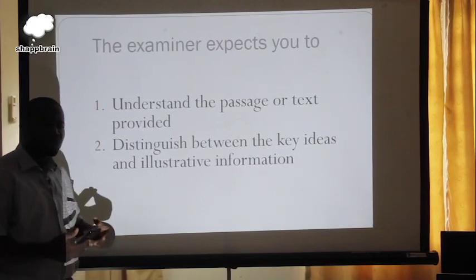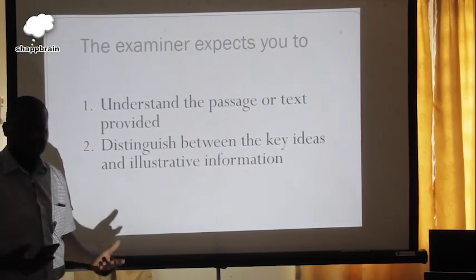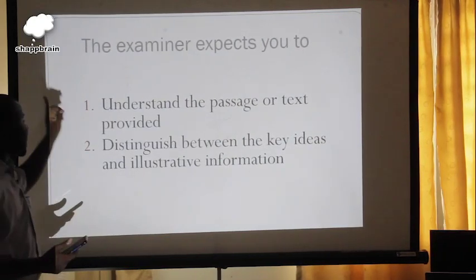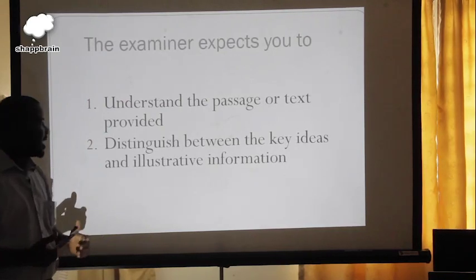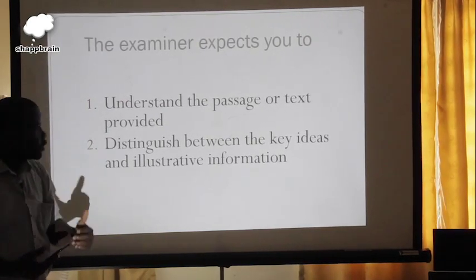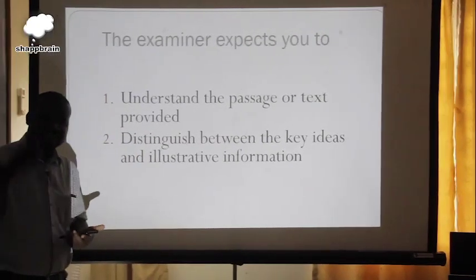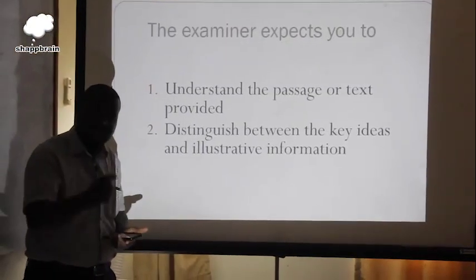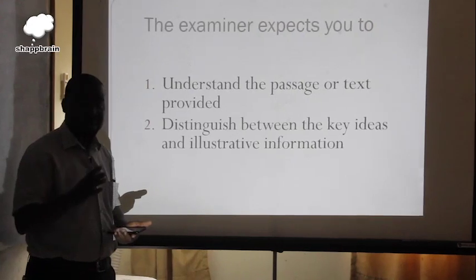Okay? So let's move on and try to identify what the examiner expects you to do. Once you have been able to identify the words that are illustrative, the examiner expects you to do the following. One, he expects you, the student or the candidate, to understand the passage or text provided. Your understanding of the passage is very key to a successful answer that you are going to write for the examiner.